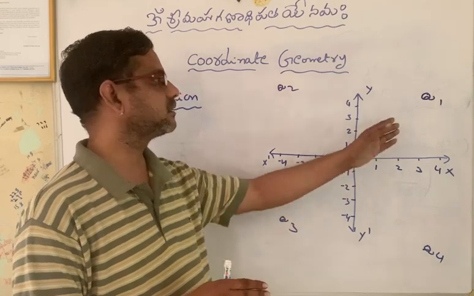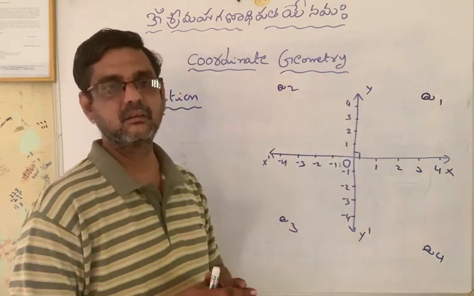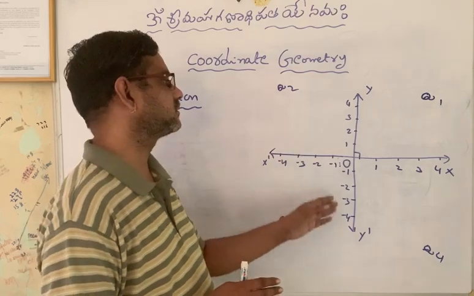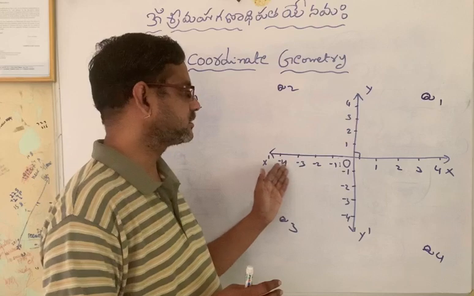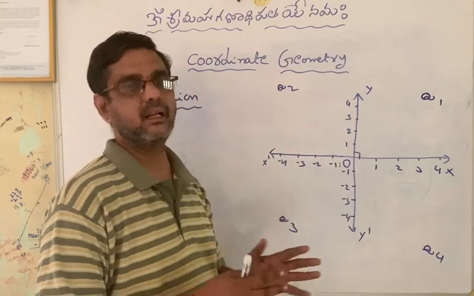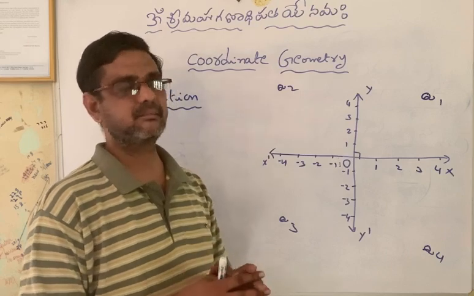Second one, points on the lines, points on this horizontal line and points on the vertical line. So two sets of points, I say like that.